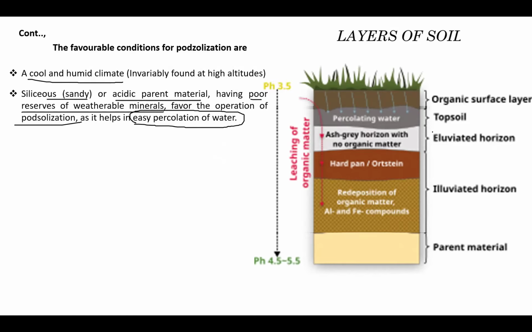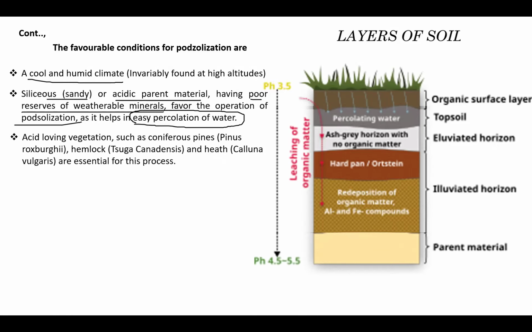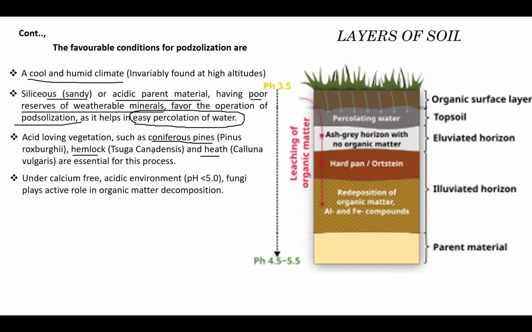This is followed by acid-loving vegetation, especially coniferous trees like pines, hemlock, and heath. If this vegetation is there, there is a good chance podzolization is taking place in that type of soil. Then there is a calcium-free acid environment, with pH less than 5.